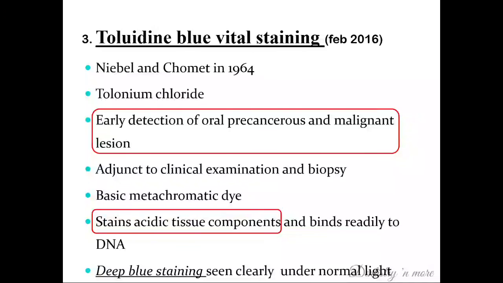After application of toluidine blue, the malignant cells will take up a navy blue or dark blue appearance under normal light. Once that significant color change is noted, it indicates that premalignant cells are appearing within the tissue.